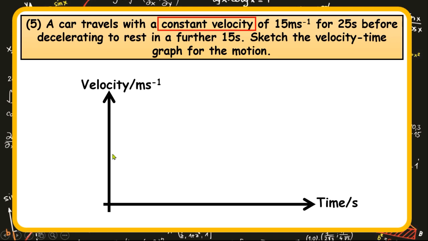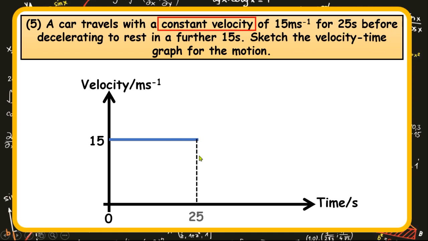And we know how to draw that graph. So if this is the 0 for the beginning, 15 will be somewhere here. That 15, the body started there, but with a constant velocity. That is it. And it took the time of 25 seconds.